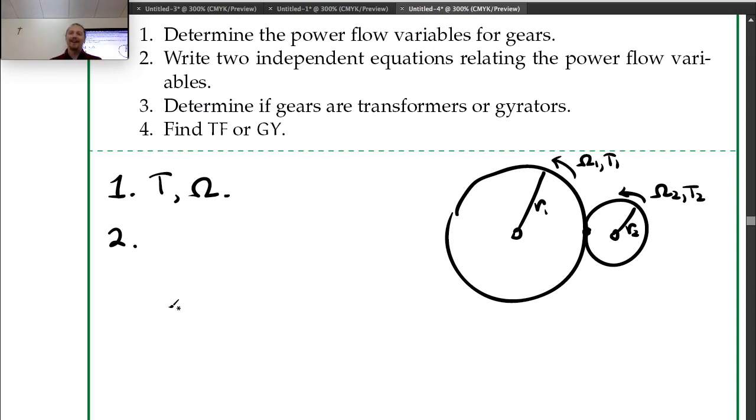Okay. So at this point, as you guys already observed, the tangential velocity better match up, right? So for no slipping, tangential velocity should be equal.